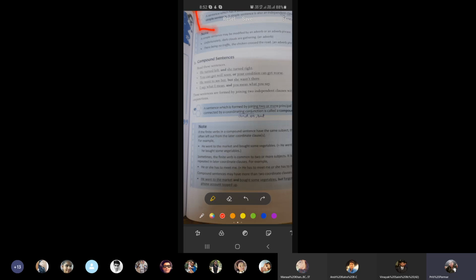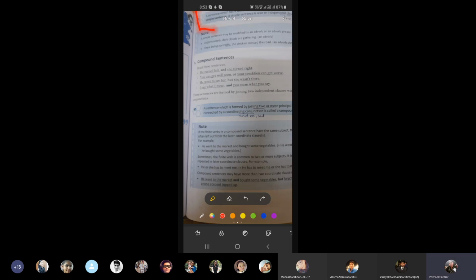where they are telling you the examples, read these sentences. He turned left and she turned right. Now, here the word and is the conjunction. And if you see, he turned left is one complete sentence, then she turned right is another complete sentence.